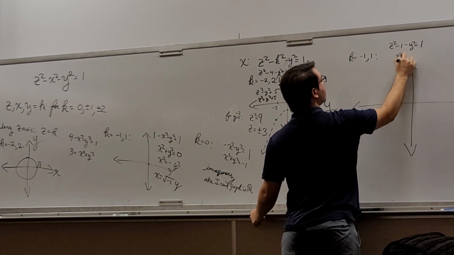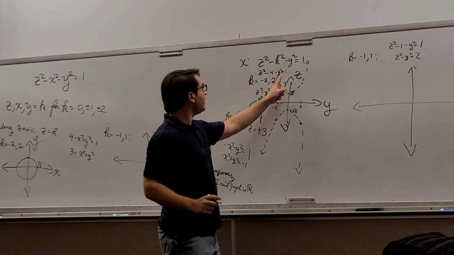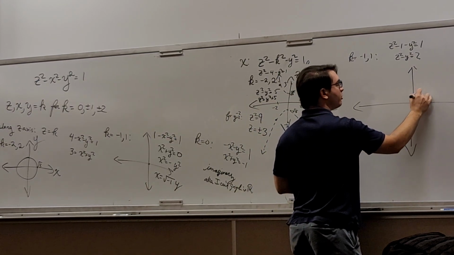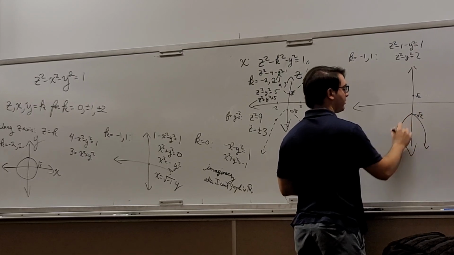So now I get z squared minus y squared equals 2. So here instead of it equaling 5, it equals 2. So it's going to be the same, except that this now reaches the square root of 2 and negative square root of 2. And it's going to curl out like this.